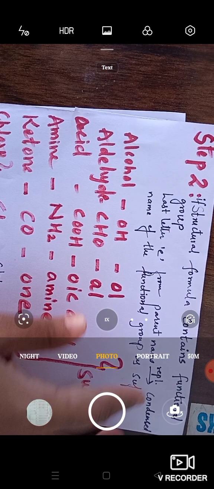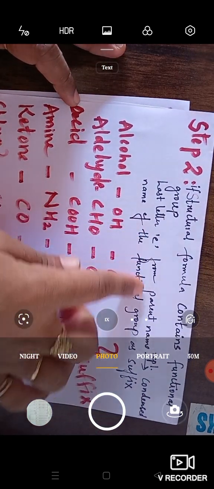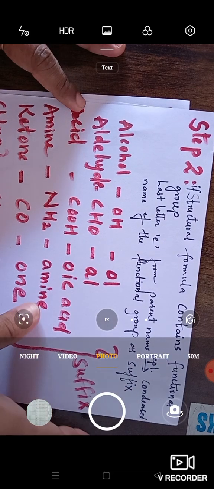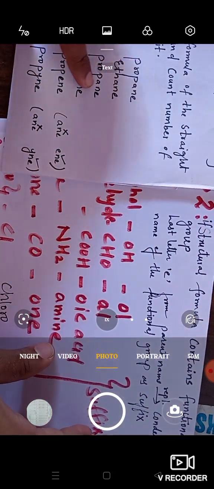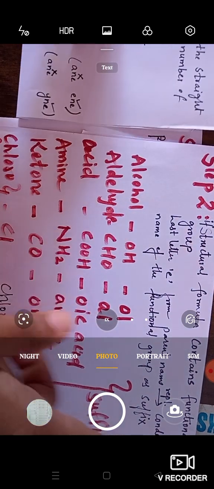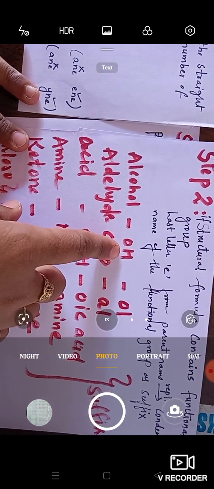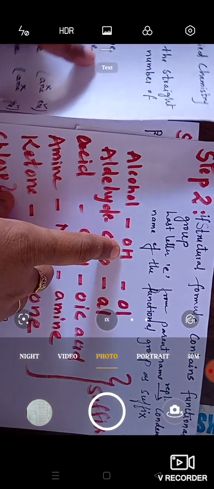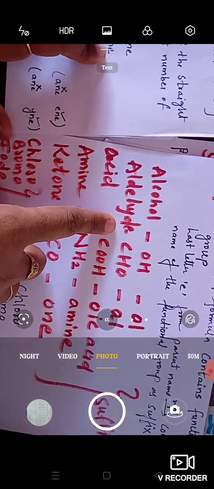In the second step, if the structural formula contains a functional group, then the last letter E from the parent name will get replaced by the functional group's condensed name. If OH group is present, E will get replaced by ol.